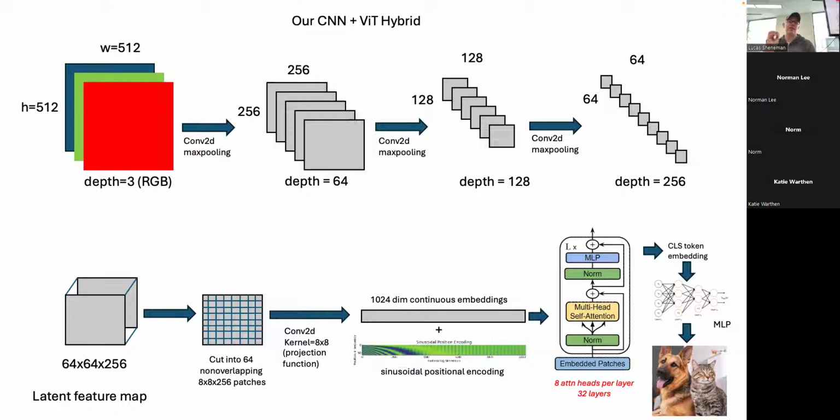And then from there, with that latent feature map, that's what we then cut into patches. Since now we're only dealing with 64 by 64 spatially, I cut them into 8 by 8 by 256 deep patches. And then I apply that trainable projection function that converts each into a vector embedding that's 1,024 long.